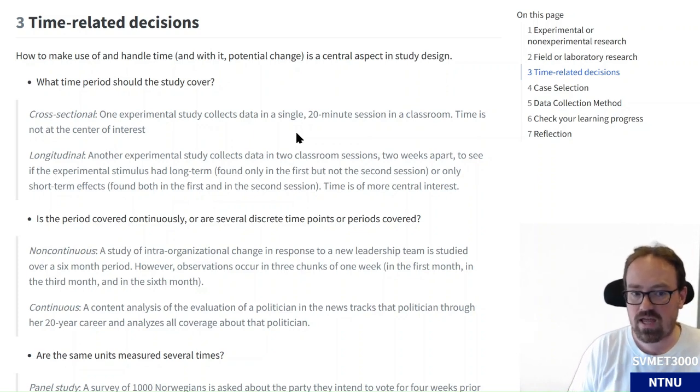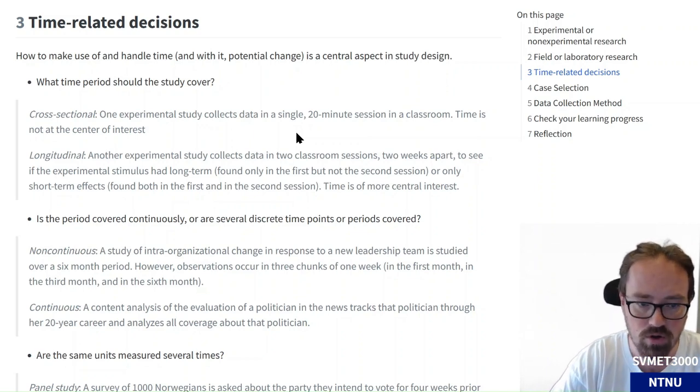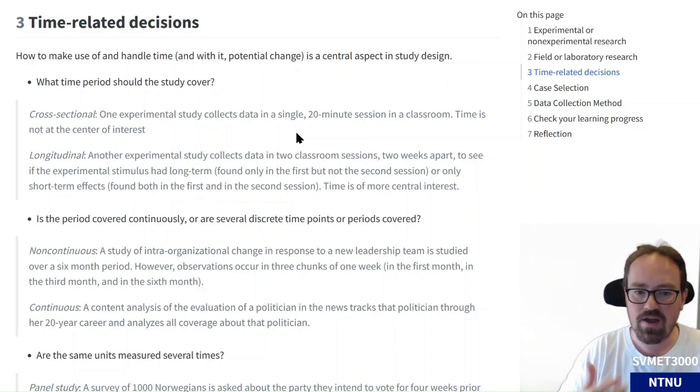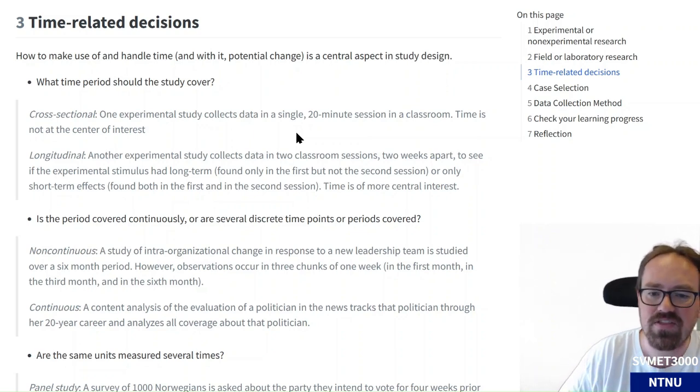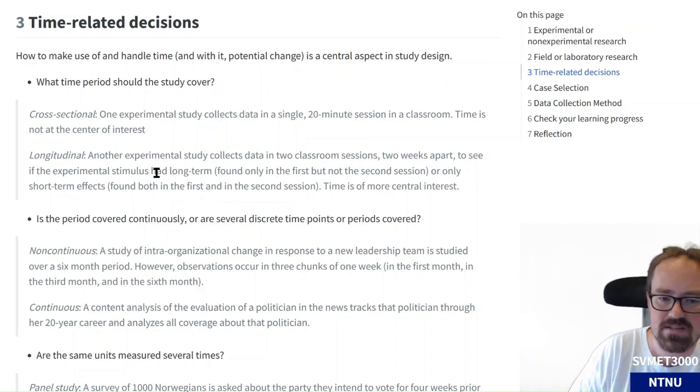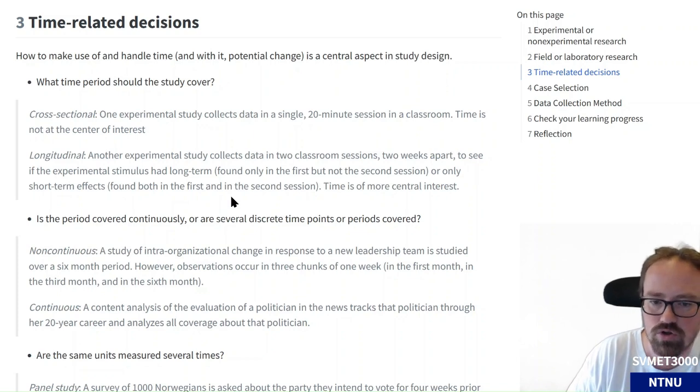But studies can also be longitudinal, so they are interested in what happens over time and try to exploit that. Think of another experimental study, and this takes data in 2 classroom sessions 2 weeks apart to see if the experimental stimulus really had a long-term or just a short-term effect.